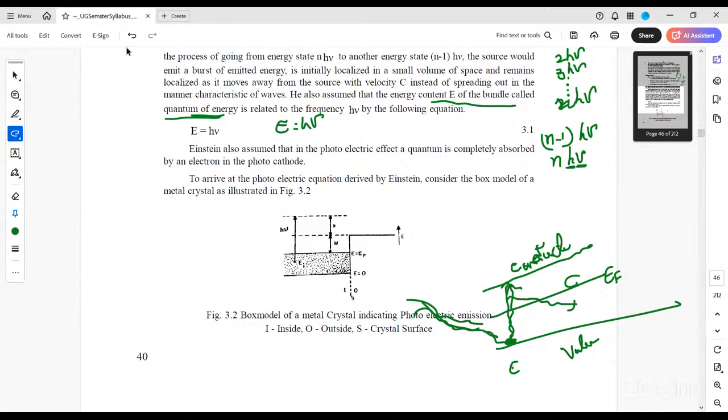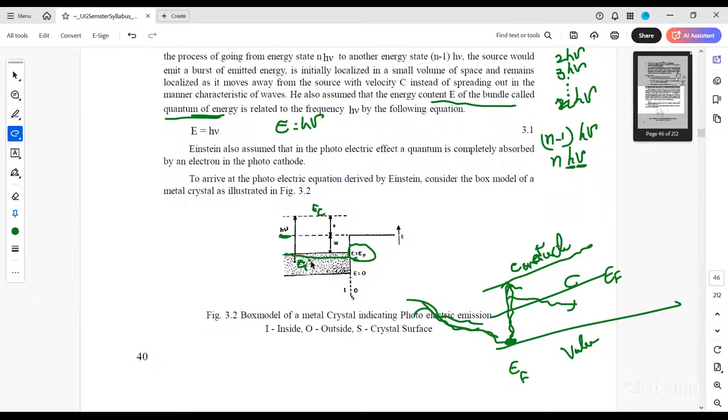So in this diagram, h nu is the frequency, equal to the Fermi energy level. This is your Fermi energy level. This is the valency band. This is the conduction band.